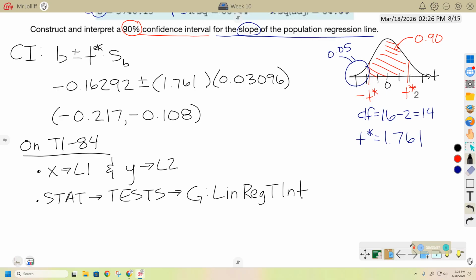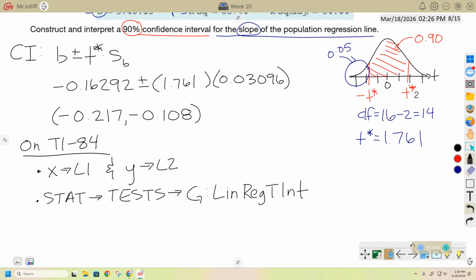Because we're getting so much information out of the computer output, these I usually find faster to do manually just from what I wrote on my paper. I think that the calculator adds time instead of subtracting time when they give me computer output and graphs.